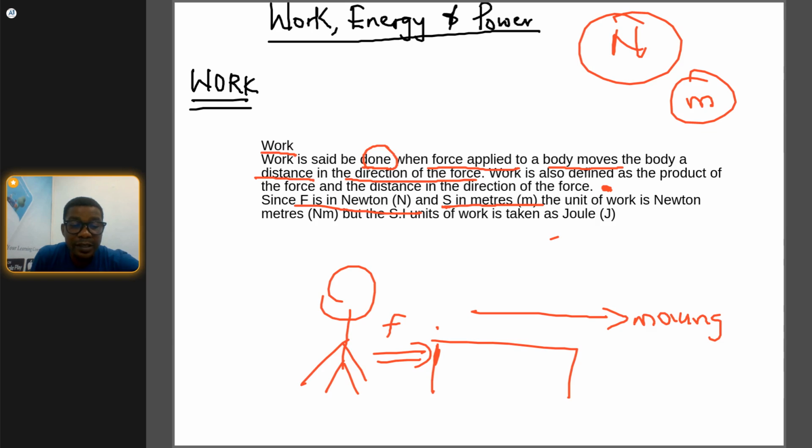So we can say that the unit of work done should be Newton meter, but the SI unit that is accepted generally, SI unit meaning System International Unit, for work is the Joule, which is represented by the letter J. So the letter J, which is Joule, is the unit of work done.